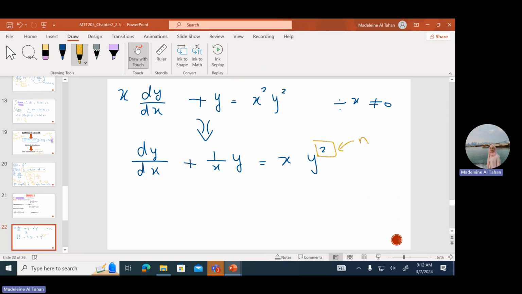Okay. The first step. Are you okay with it, miss? Then what will be our substitution now? u equals y to the power 1 minus n, which is y to the power minus 1, which is 1 over y. Do we agree? Okay. We wrote u in terms of y. Go back to your course notes, miss. In the course notes, what did we write?